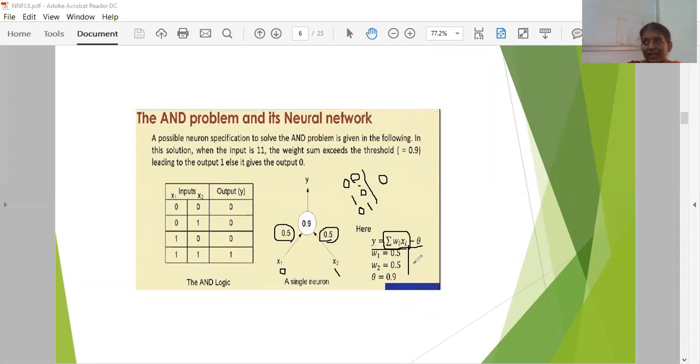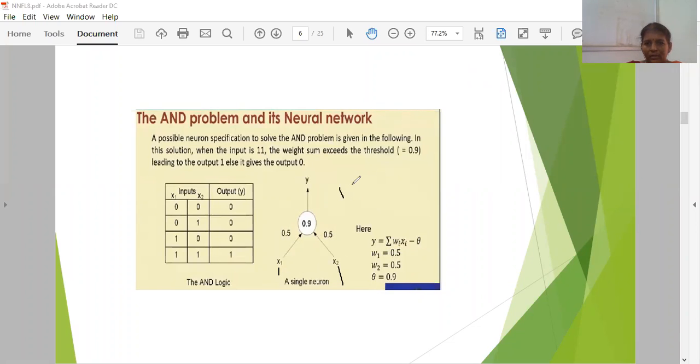So here we have considered weight W1 as 0.5, W2 as 0.5 and threshold as 0.9. Considering these three values and cross-checking the condition that if the weighted sum exceeds the threshold value, then only your output will be high, which is possible only in the case of input pattern 1 1.